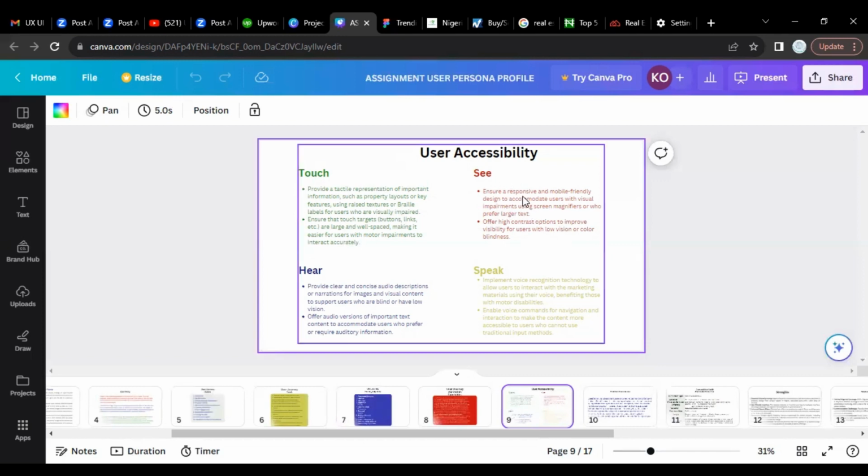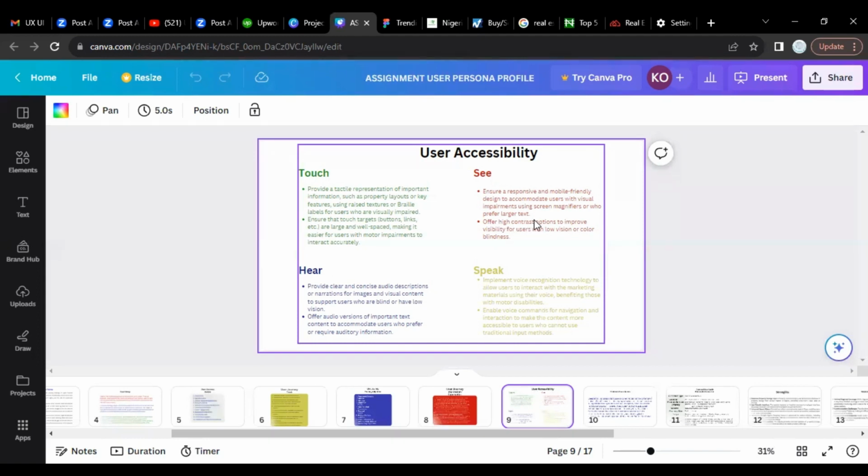Okay. For sight, ensure a responsive and mobile-friendly design to accommodate users with visual impairments using a screen magnifier or who prefer larger text.